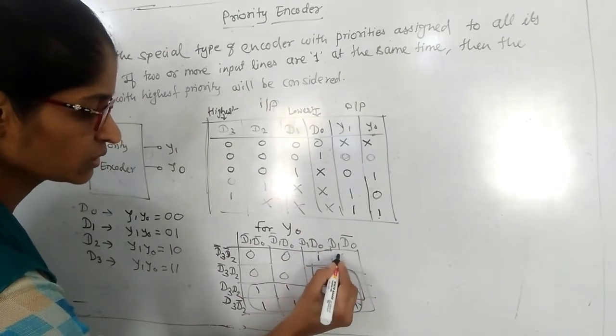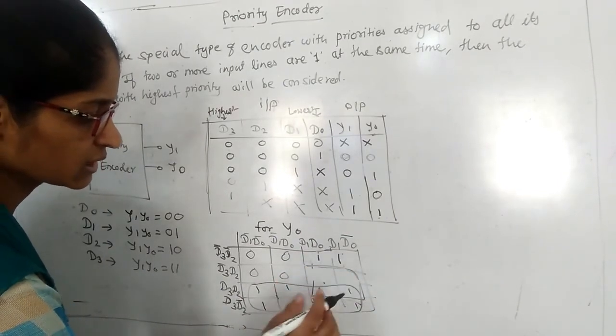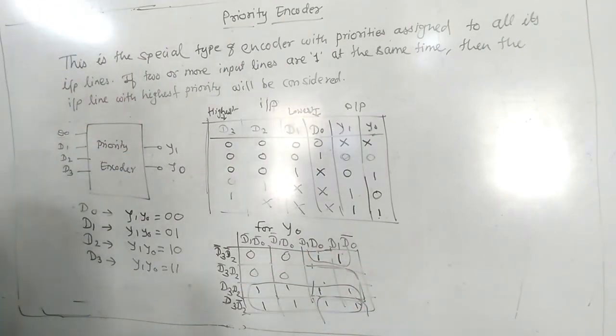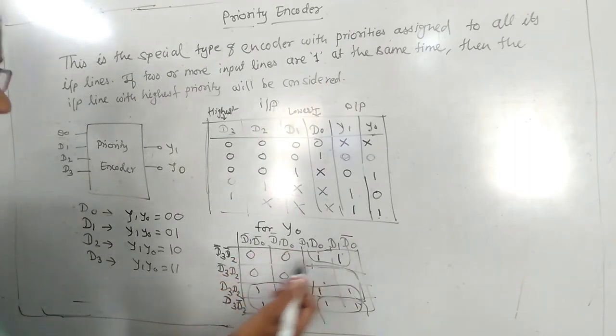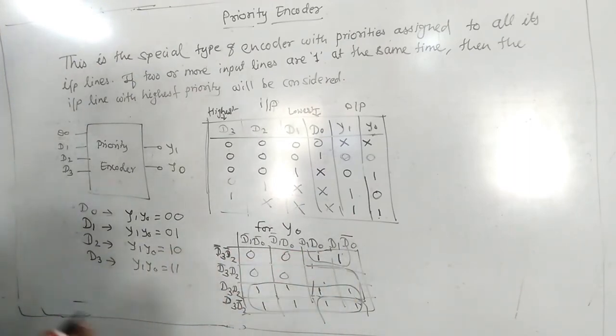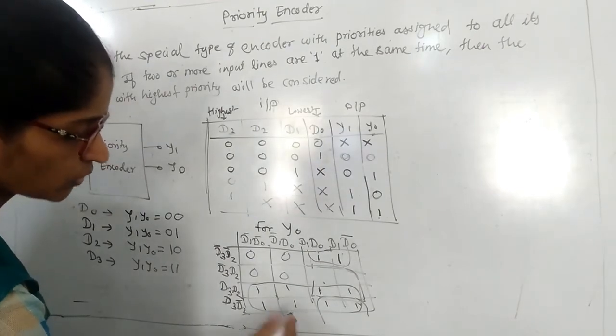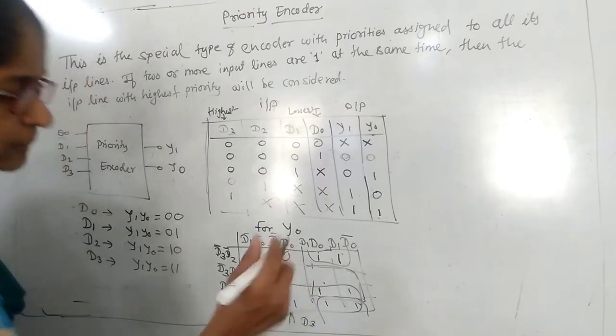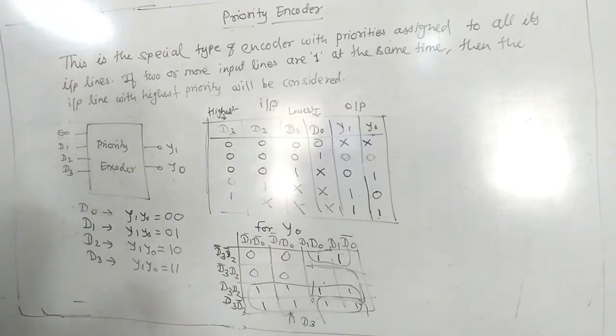D3 and D0 are 0, 0. So here we get the quad. For this octet, only D3 is constant and all three variables D2, D1 and D0 have changed. So for this octet we get the variable D3 only.